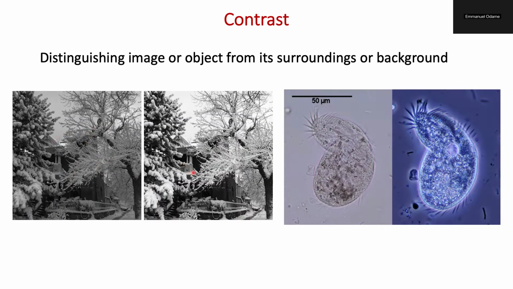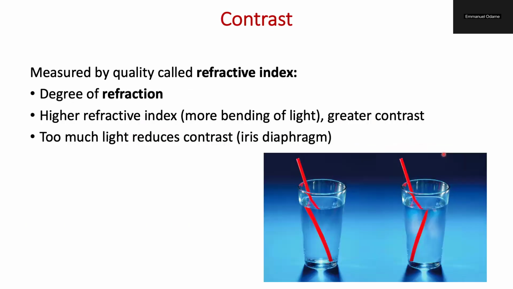When the contrast is set well, you can tell this is all snow and this is the background. Another example is a microorganism that looks the same as the background, but when you use contrast, you can tell the microorganism from its background.